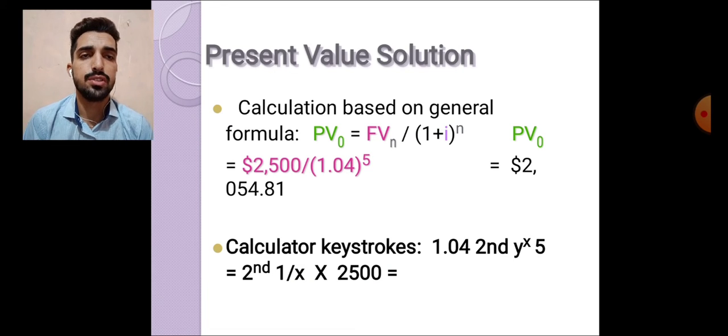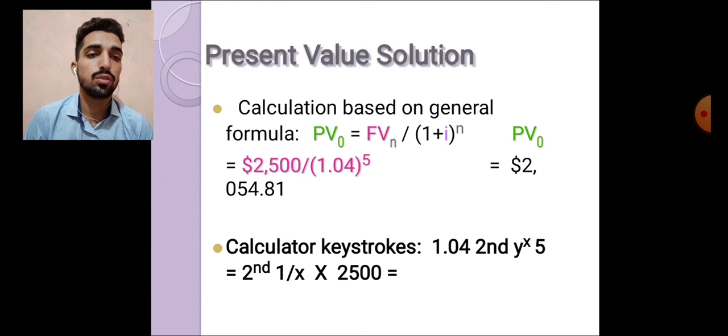Present value situation solution. Calculating based on the formula: PV0 is equal to FVn divided by (1 plus i) to the power n. PV0 is equal to 2,500 divided by 1.04 to the power 5, which is equal to 2054.81.